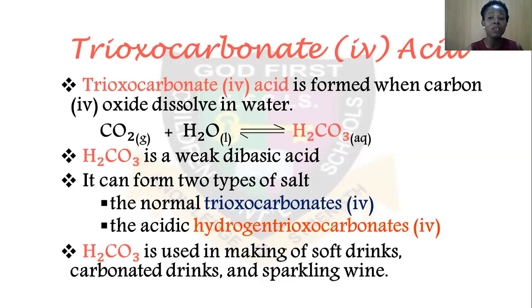So carbon 4 oxide is produced when carbonate 4 acid is dissolved in the drink, giving those drinks the refreshing taste. So that is for carbonate 4 acid, one example of a carbonate 4.